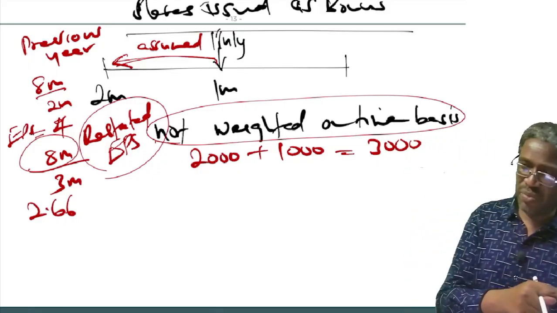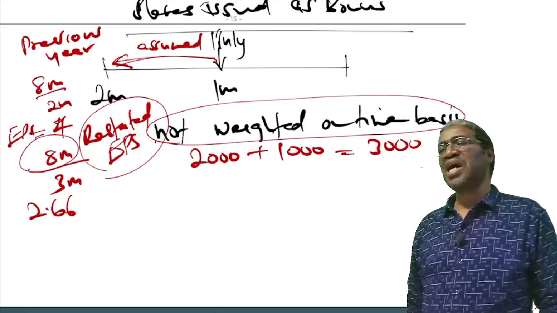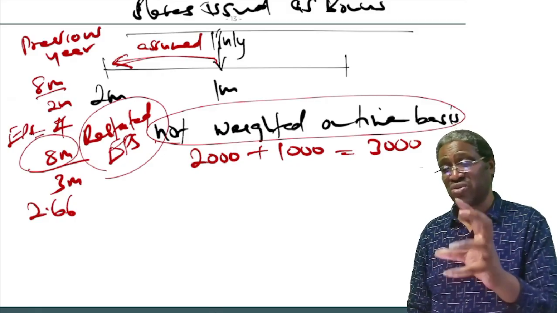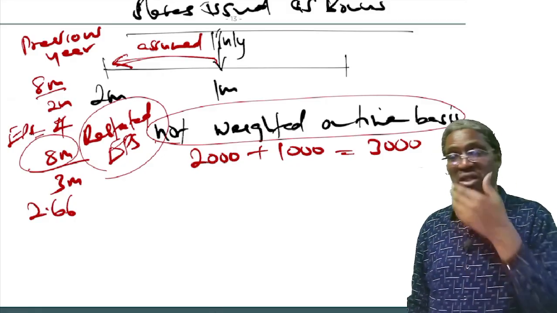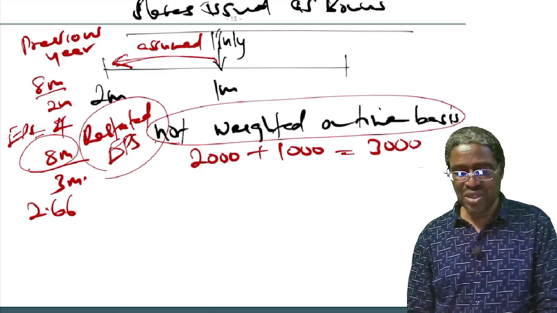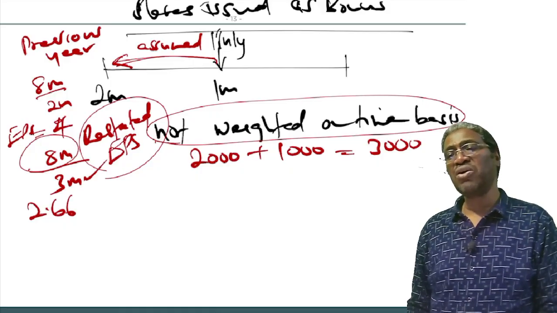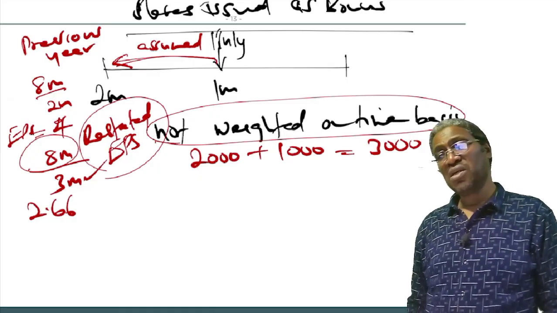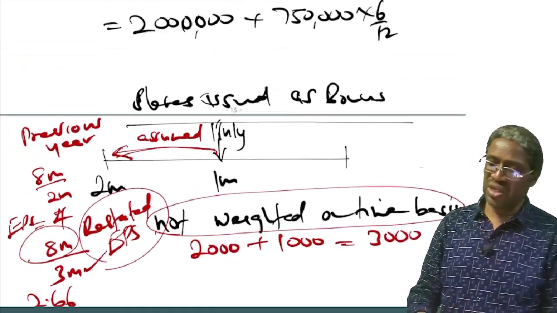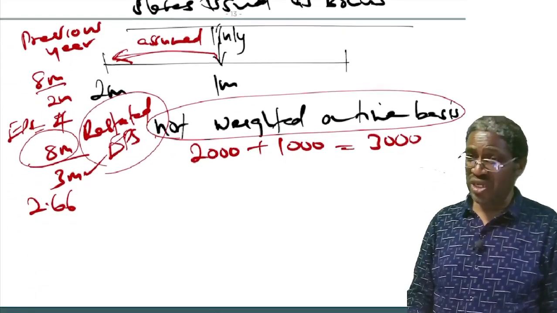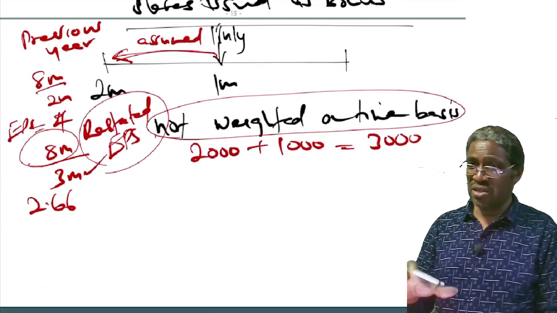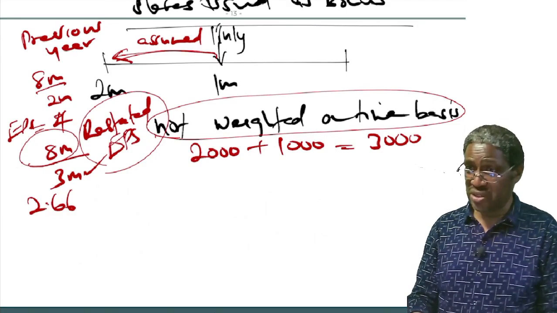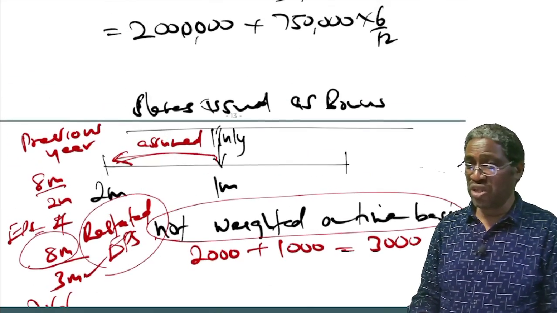You add it to the previous year's, and you get the number of shares for restating the EPS, which now becomes 3 million. So that's how we restate the EPS of the previous year. So I want to believe you're okay now about the rule for bonus shares. Okay, let me now go to the fourth one.